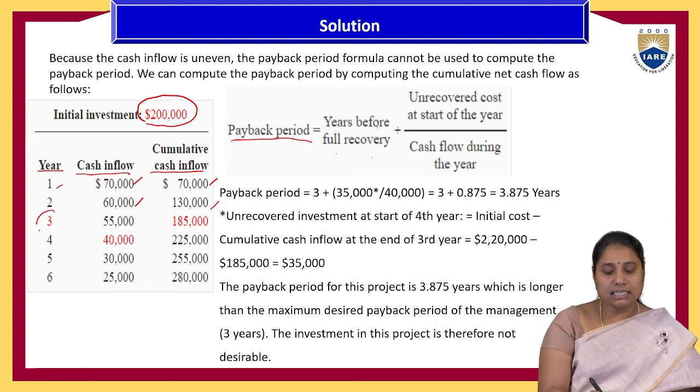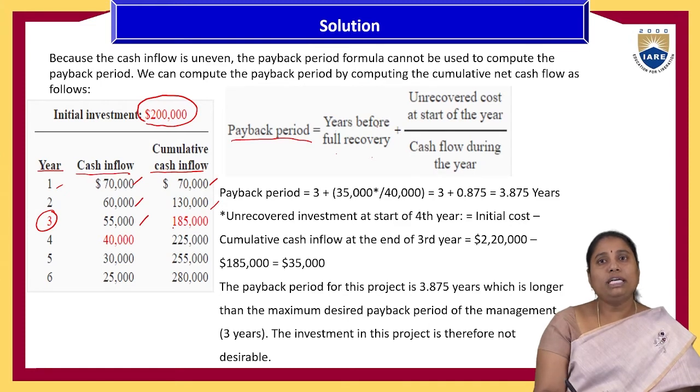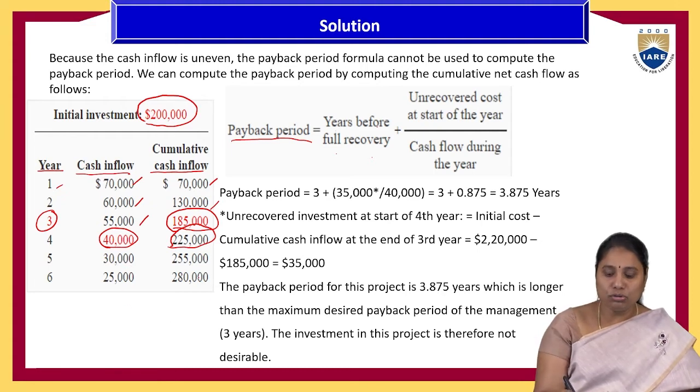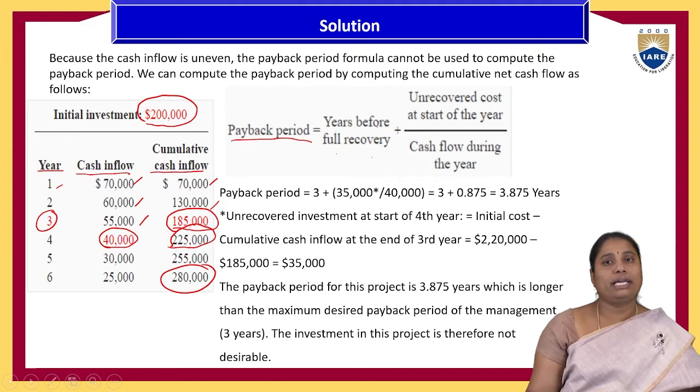In the third year they get 55,000 additional, so cumulatively 1,85,000. In the fourth year they earn 40,000, so 2,25,000 is the fourth year cumulative value. The same goes for the fifth and sixth years. Combined, they get back 2,80,000.